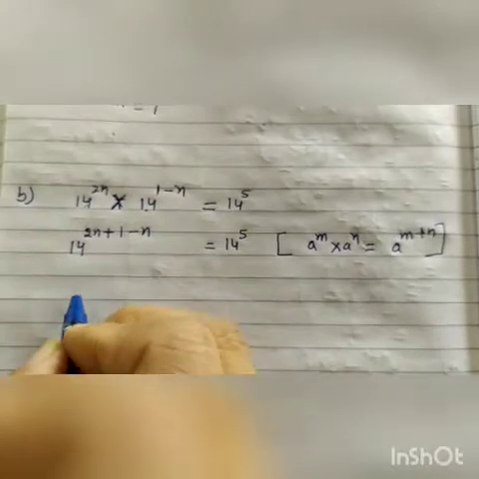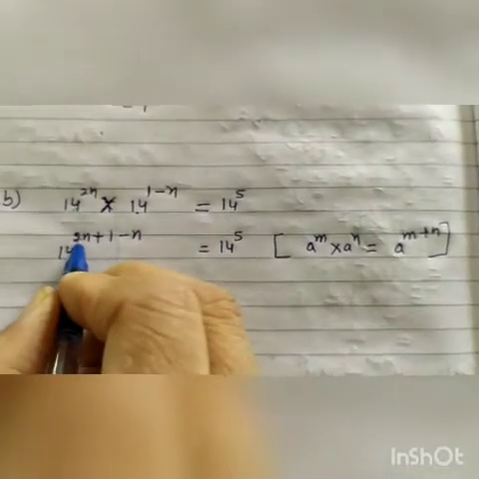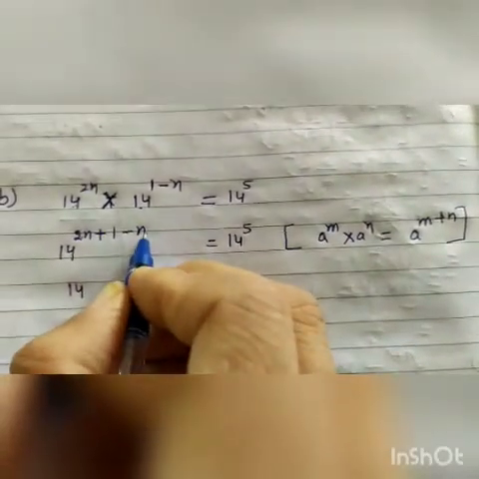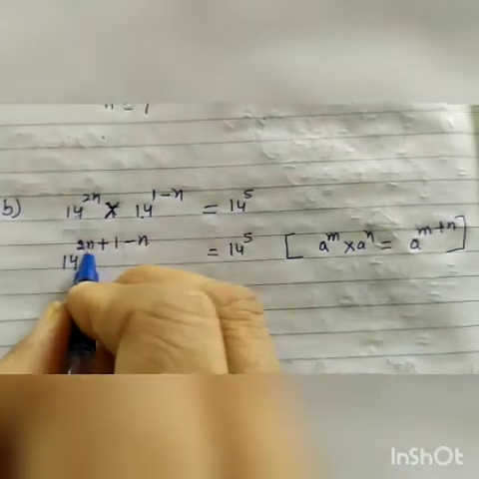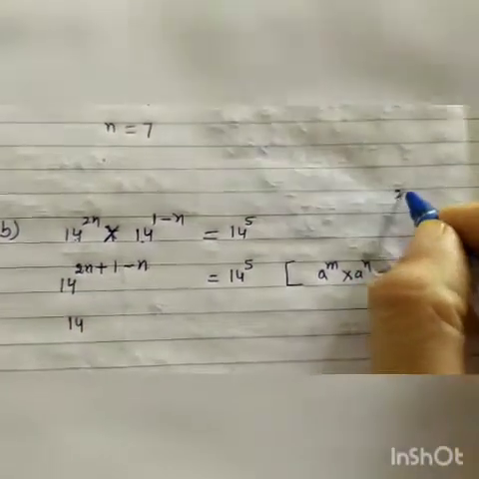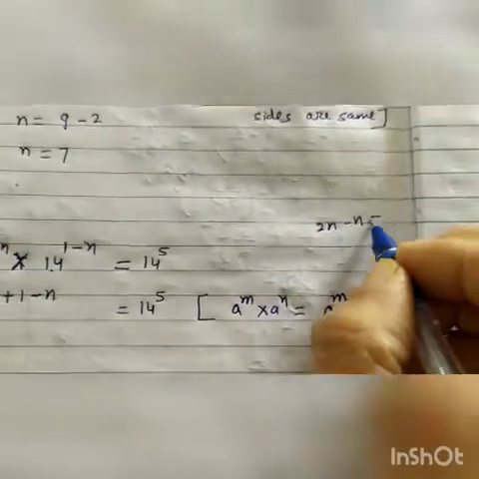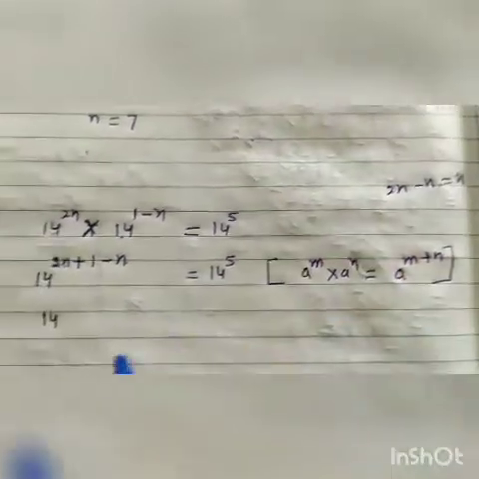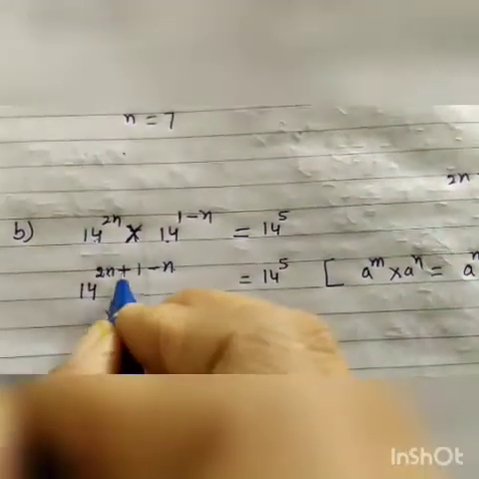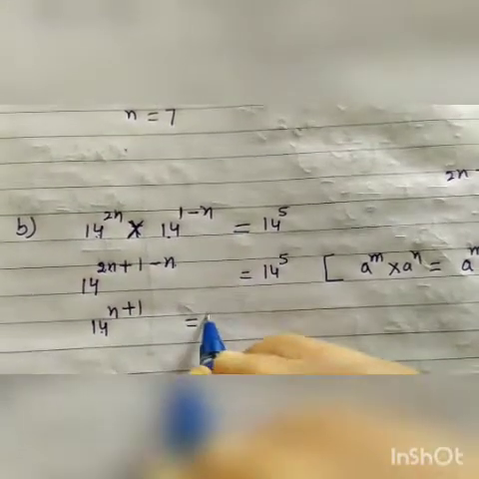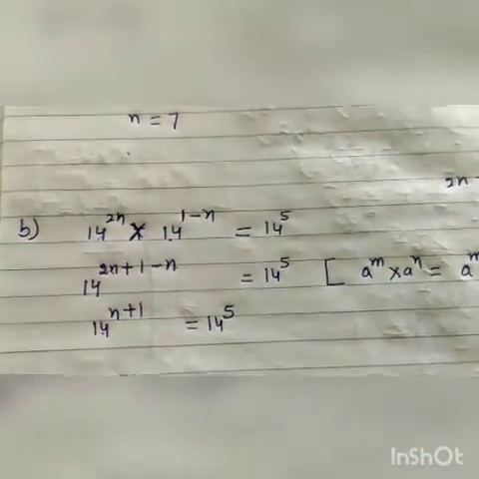Now 14 power 2n minus n. First we will simplify this 2n minus n. 2n minus n means 1n, 1n means n. So we will write 14 power n plus 1 is equal to 14 power 5.